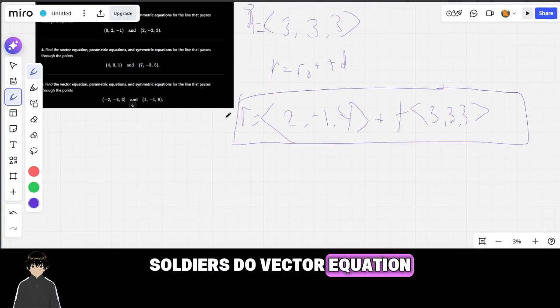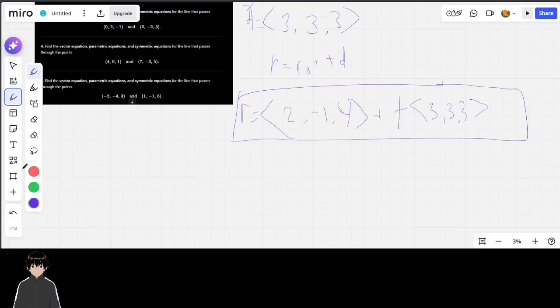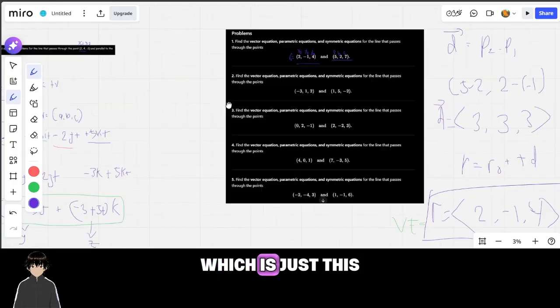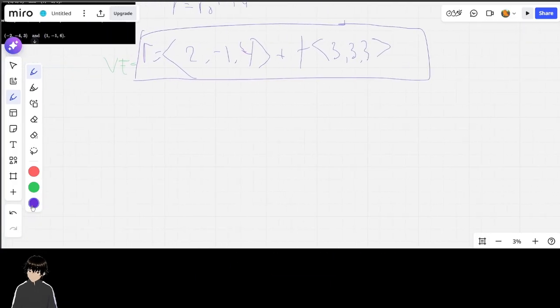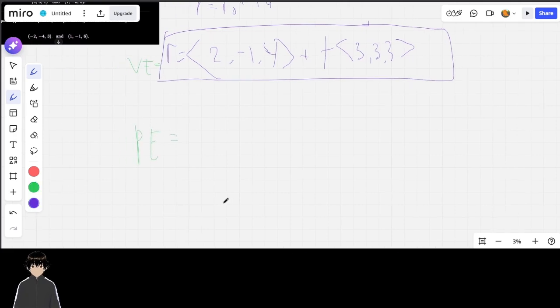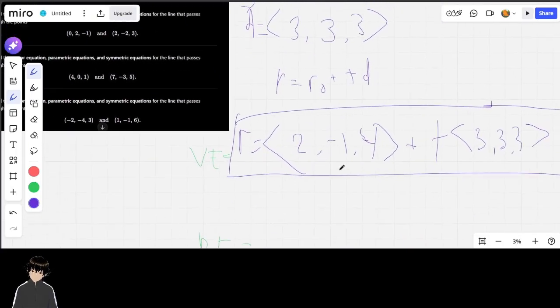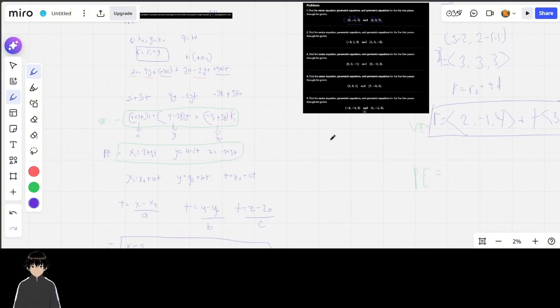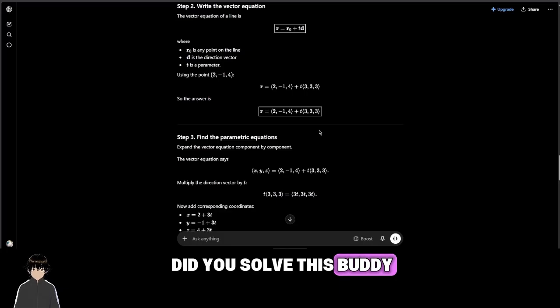So this is the vector equation. And now we're trying to get the parametric equation. How the hell did you solve this, buddy?